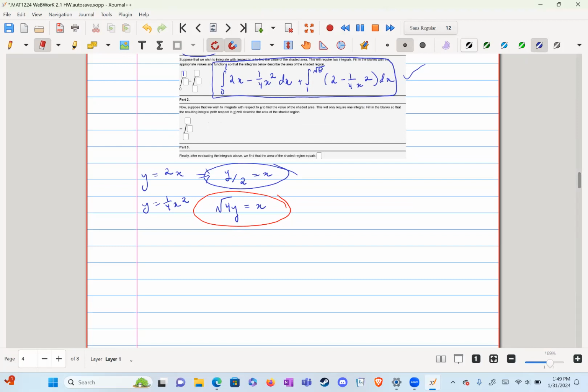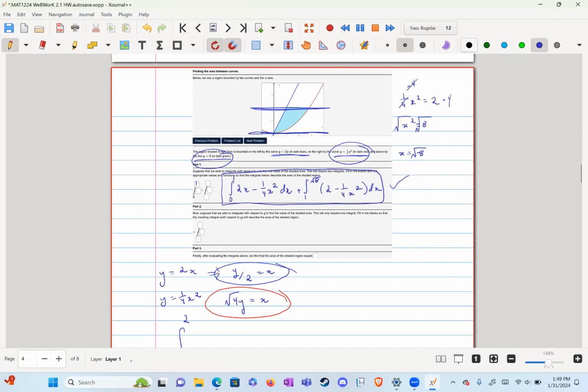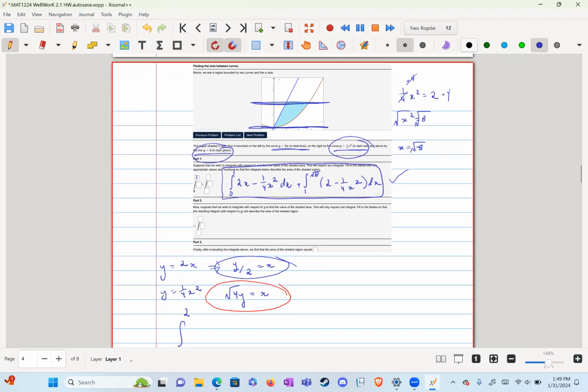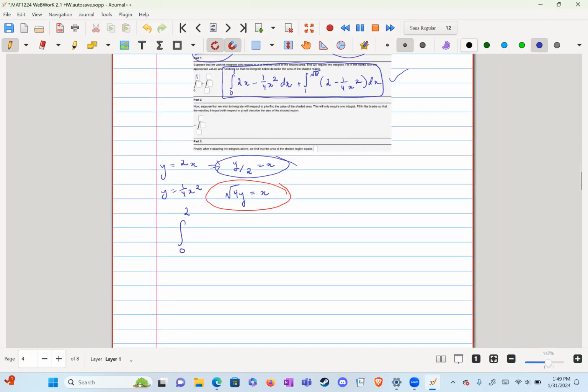So part 2 is 0 to 2. Oh, wait, let me just make sure. I think I may have, let's see, yeah, maybe flip. Yeah, so it's going to be 0 to 2. It's going to be square root of 4y minus y over 2 dy. And that is part 2.